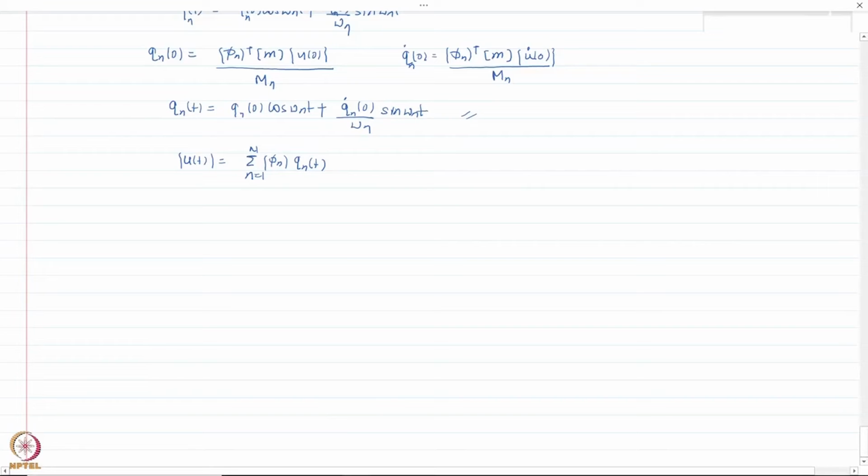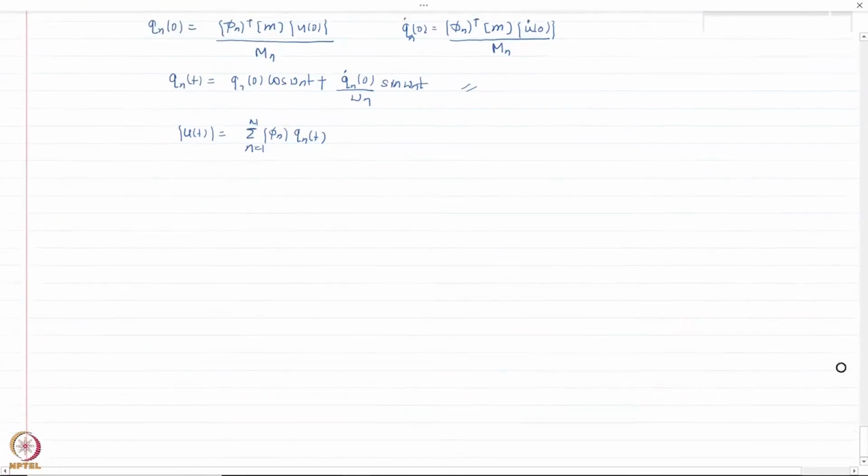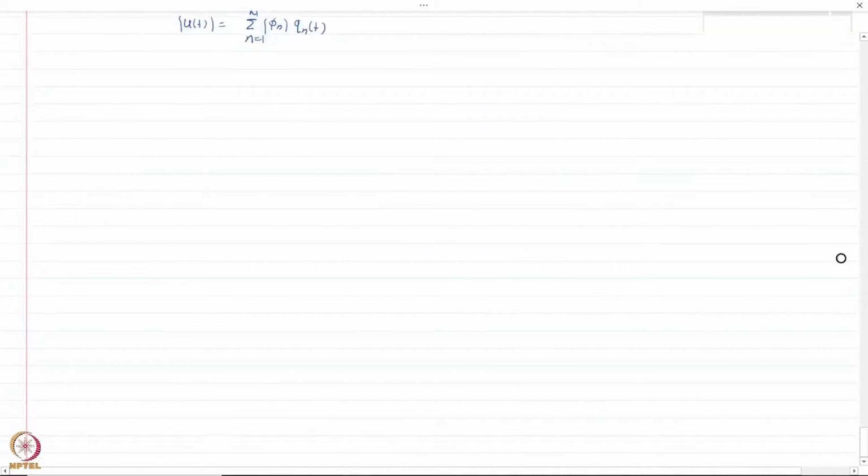So we can do an example of this and demonstrate the free vibration response. Let us again take the same example. Here we have 2k and k, and 2m and m. Again, phi1 and phi2 have been given.